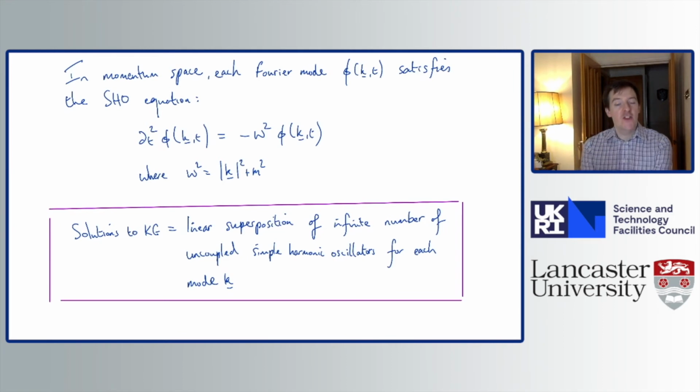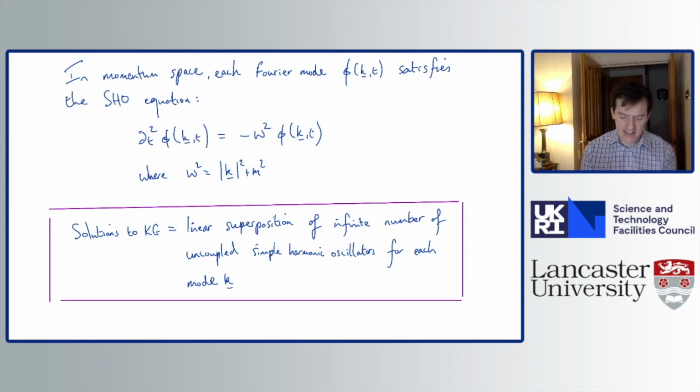Now, an important fact that we're going to use is that in momentum space, when we Fourier decompose this solution, each of our Fourier modes, the phi k of t functions, satisfy the simple harmonic oscillator equation. It's a nice simple equation that we've studied many times in physics before. Again, the omega squared term here is simply related to k squared plus m squared.